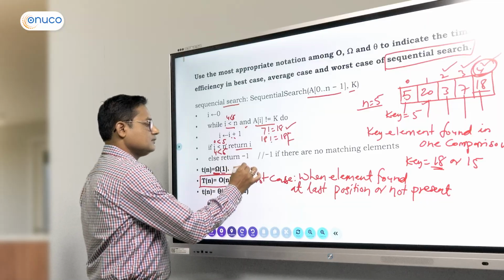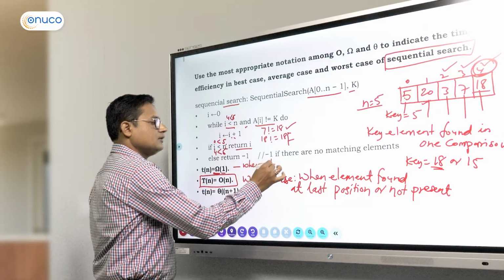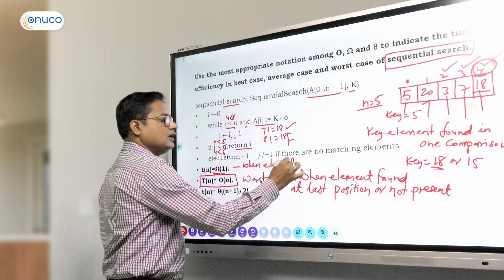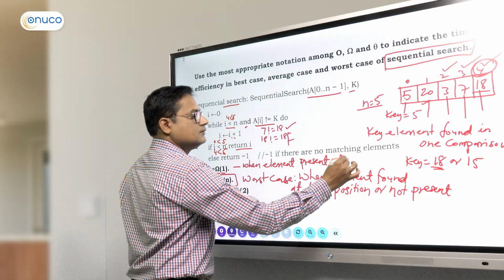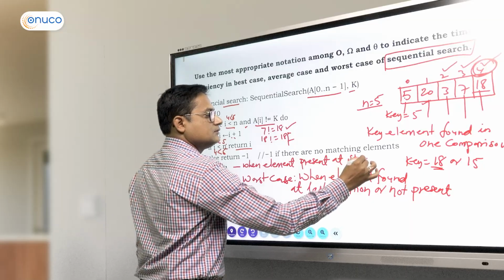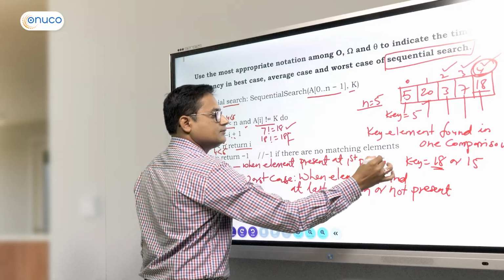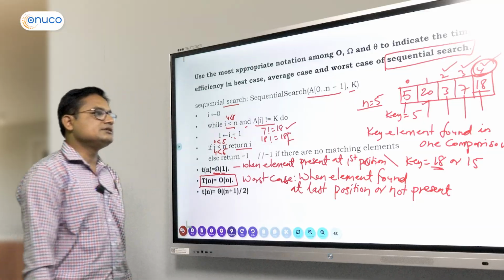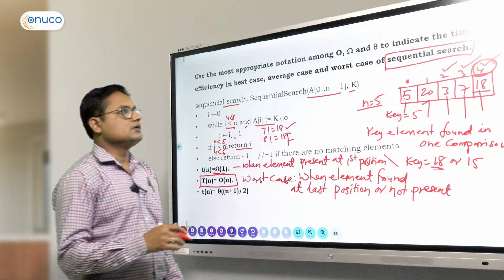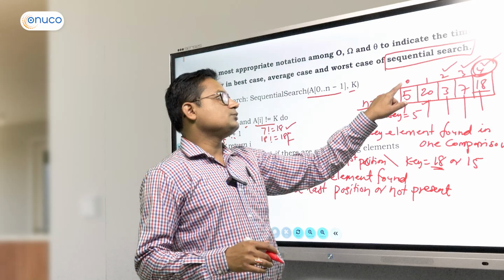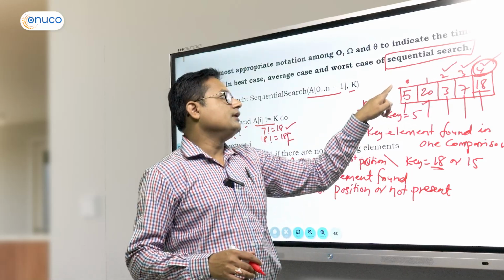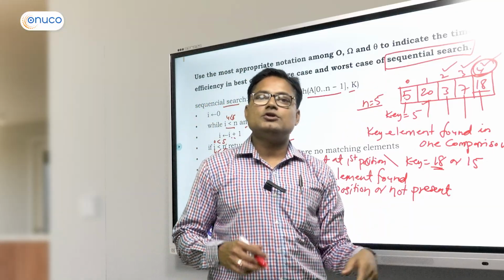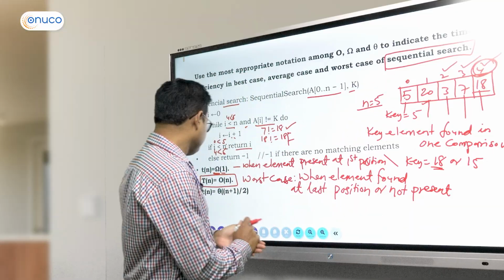Best case: when the element is present at the first position. Remember, position is different, index is different. Position we call first position, second position, third position, fourth position, natural numbers. Index, you can start with 0 or 1, depending on the programmer.